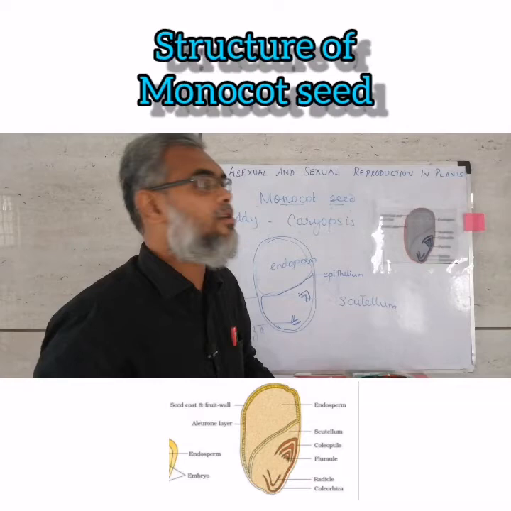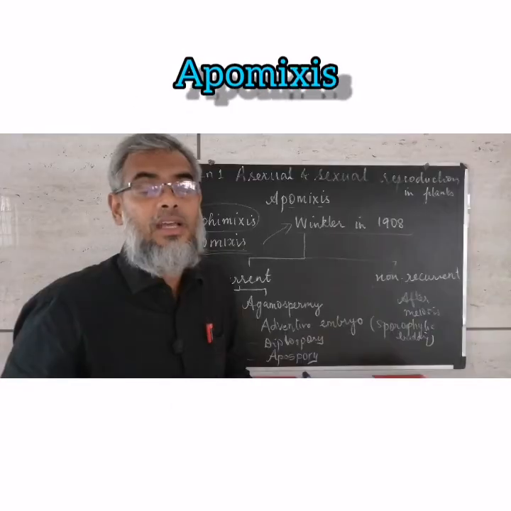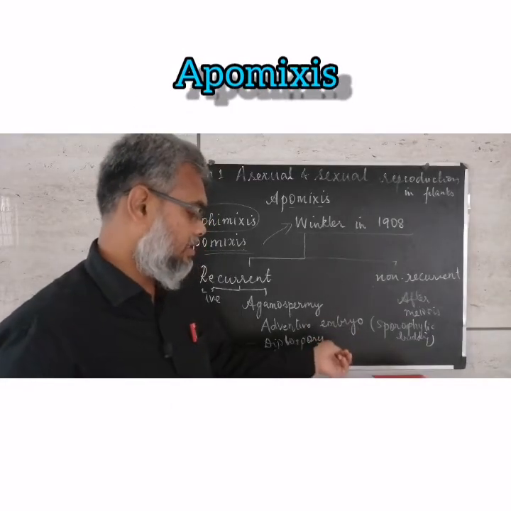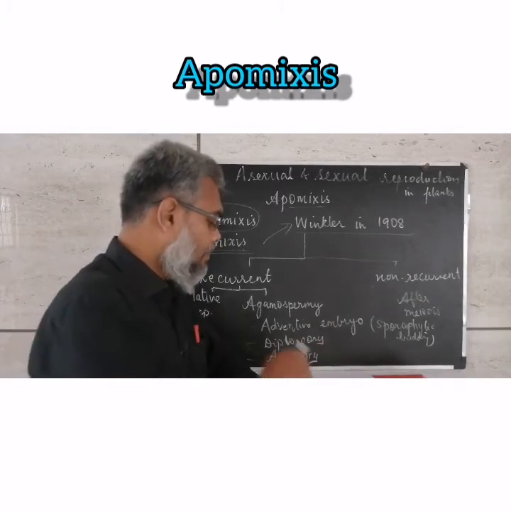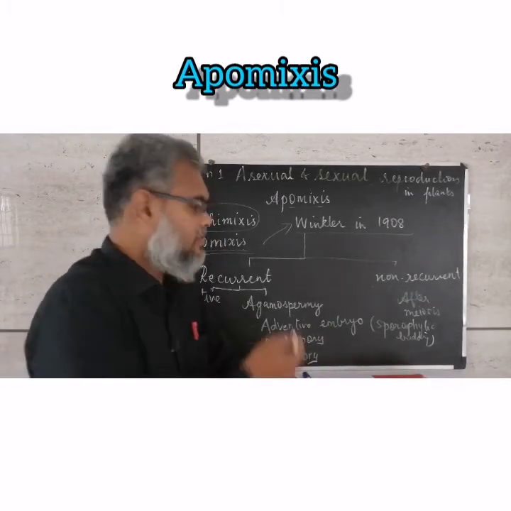Diplospory. Here in diplospory, a diploid embryo forms. The megaspore mother cell, the female gametophyte, without regular meiosis, develops into a new plant. That is diplospory. Apospory is a small change from diplospory.